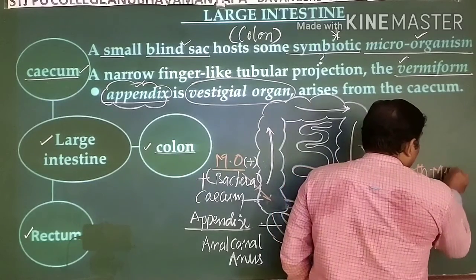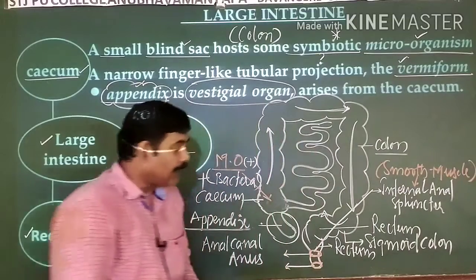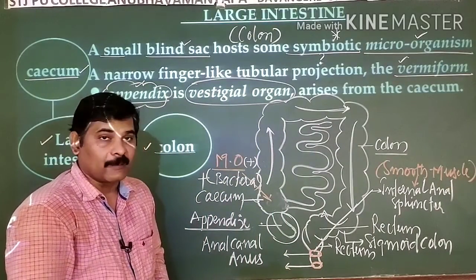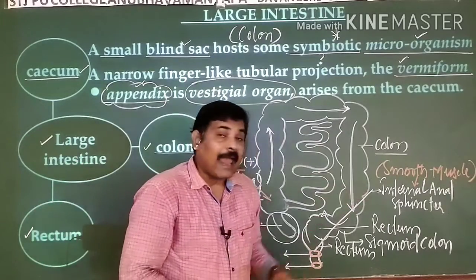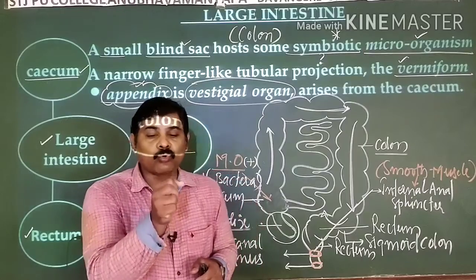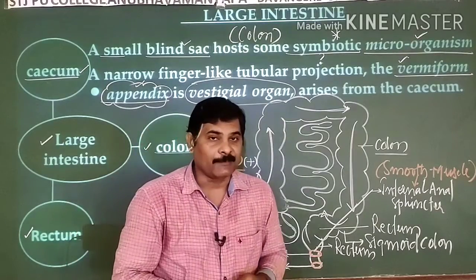Smooth muscles are present in the internal anal sphincter. So this internal anal sphincter is involuntary in its function. That means closing and relaxing of this sphincter is not under our conscious mind.